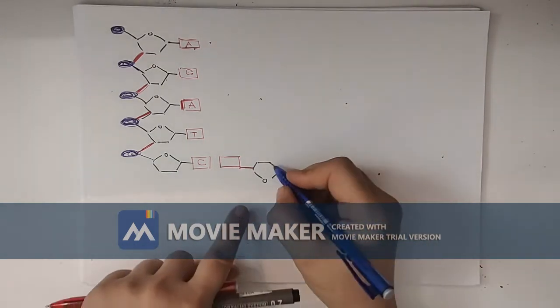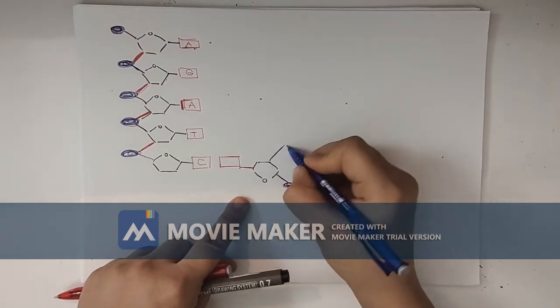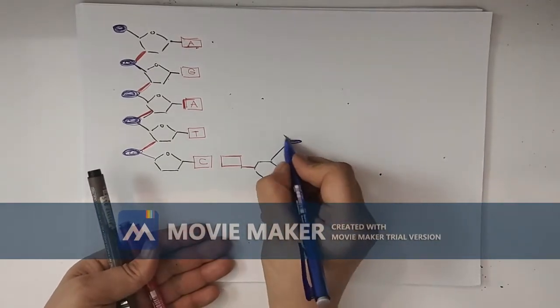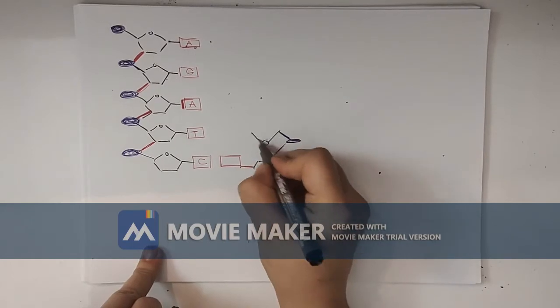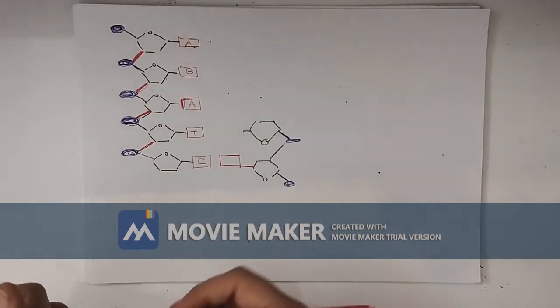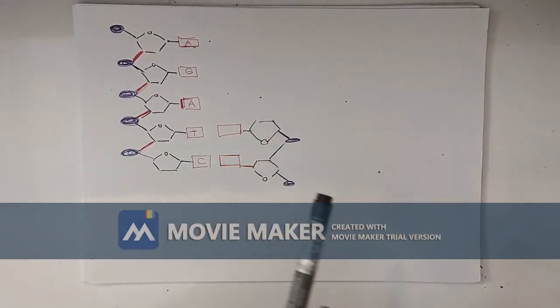So the next one comes from here again. From this side, we have a base attached to this sugar molecule, and from here it is attached to another base. I will write the name later.